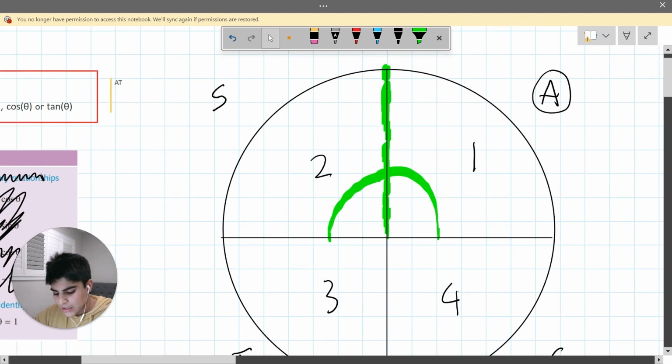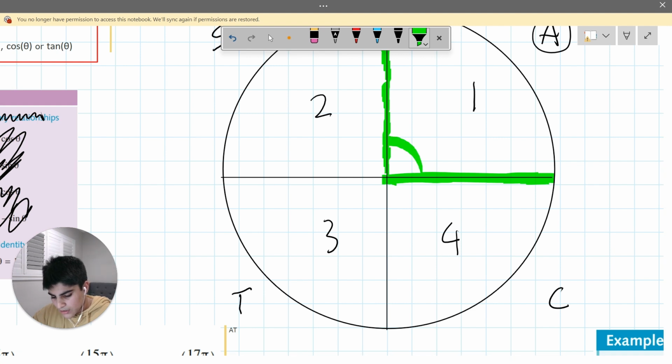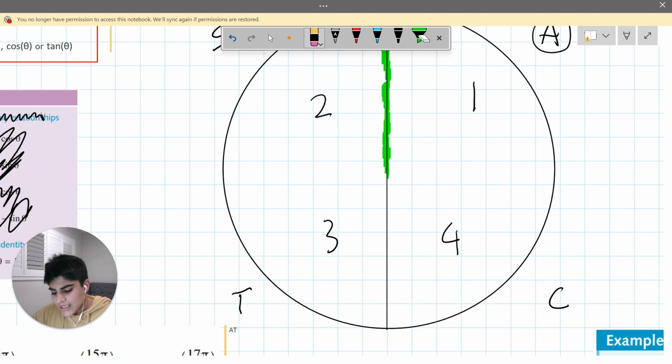And cosine theta is only positive in the first and fourth quadrant because the x values are only positive at these points, between the angles from here in quadrant 1 to quadrant 4.